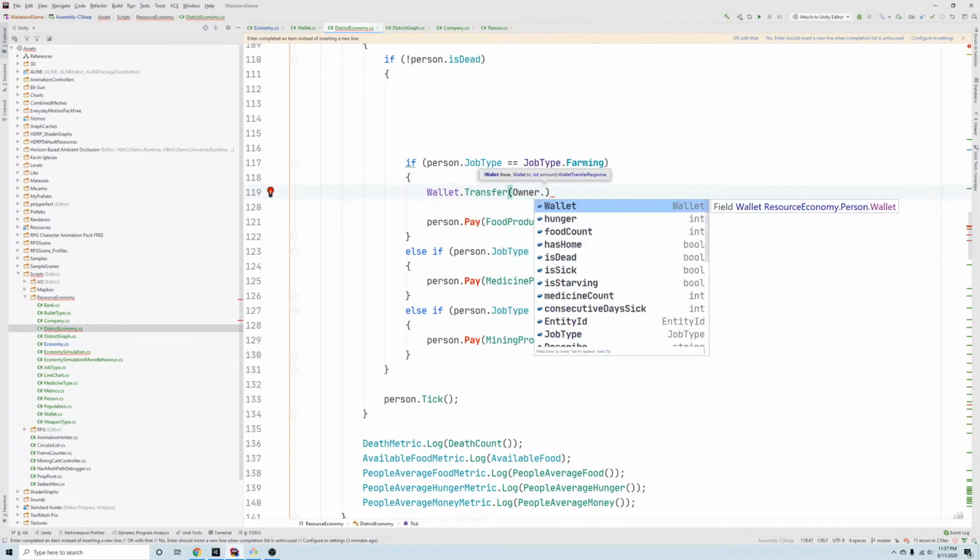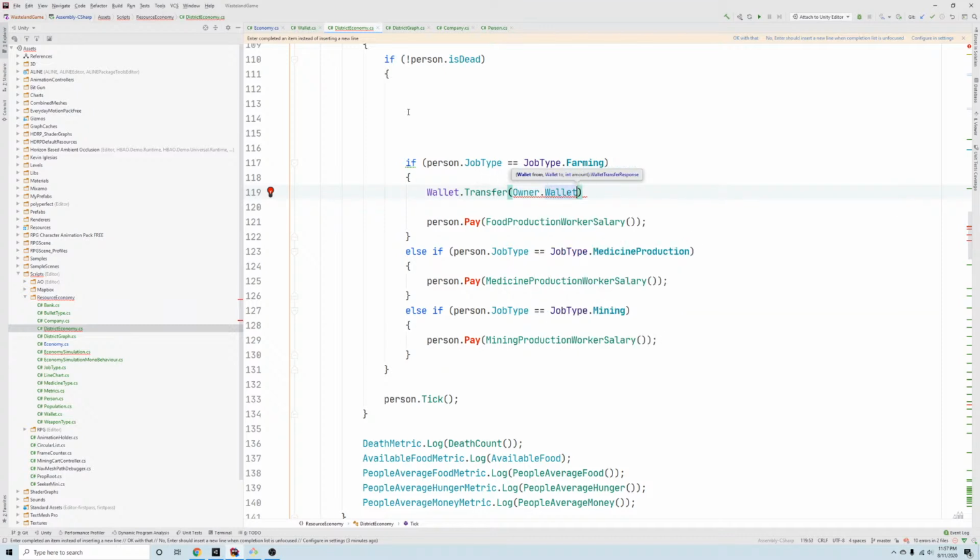So we're moving money from the owner of this district economy who owns all the resources to the worker who just did a day's work to gather those resources.